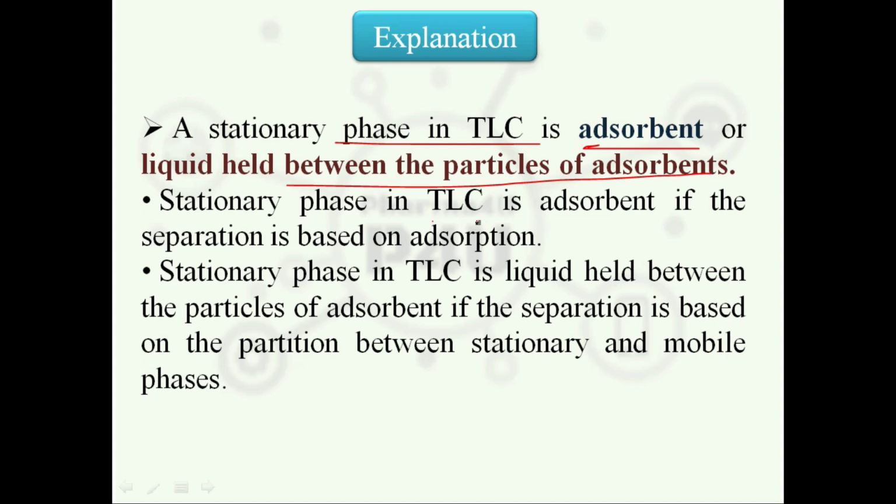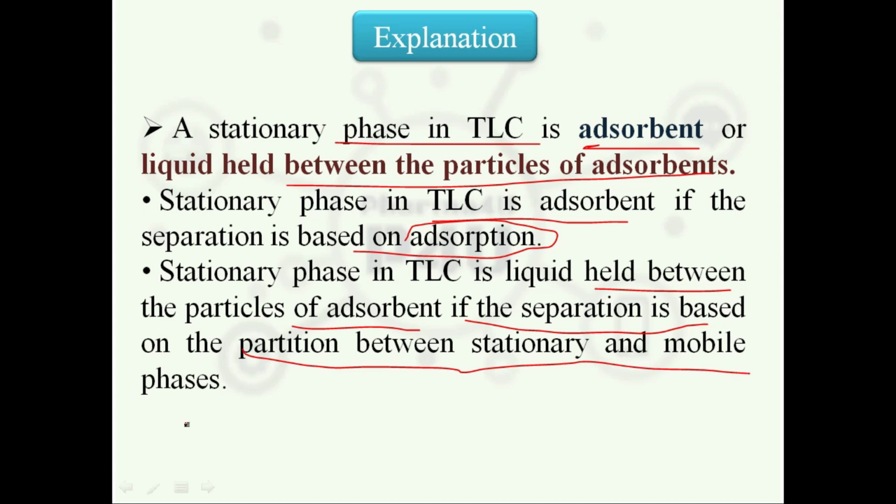It is adsorbent if the separation is based on adsorption, and it is liquid held between the particles of adsorbent if the separation is based on partition between stationary and mobile phase. Students, try to understand these three points because these are very basic questions. Sometimes the question may also ask from these types of portions.